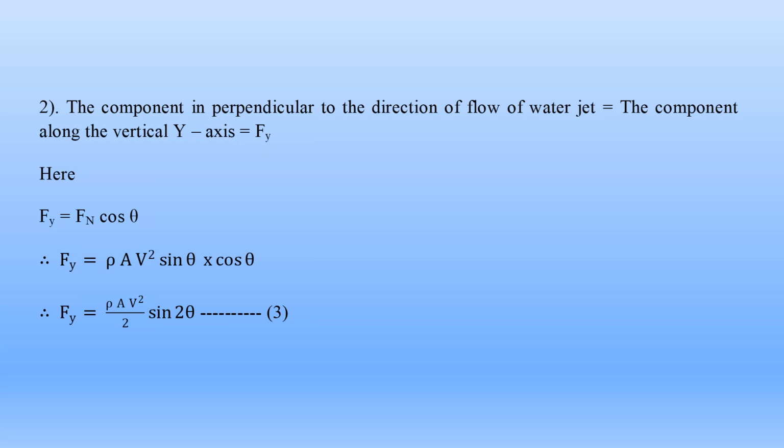If anybody has doubts in this second impact discussion, that is the flat metal plate, please discuss with me. Any doubts, students, in this impact with the inclined metal plate?